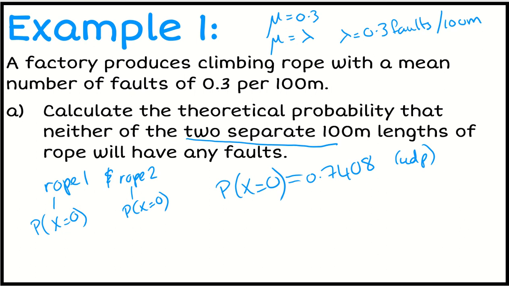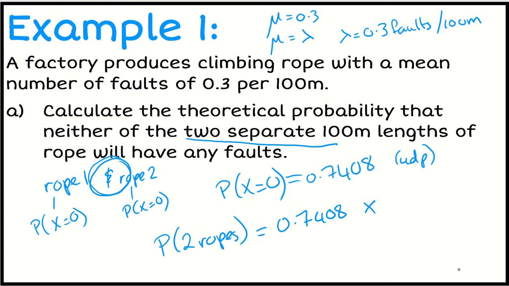Now I need to deal with the fact that I've got two separate pieces of rope, and the probability that both pieces of rope have no faults. So the probability of two ropes having this criteria is the probability of 0.7408, and remember, I did an "and" back there, so it's times 0.7408 again.